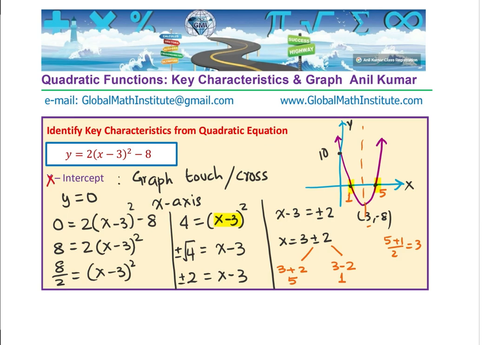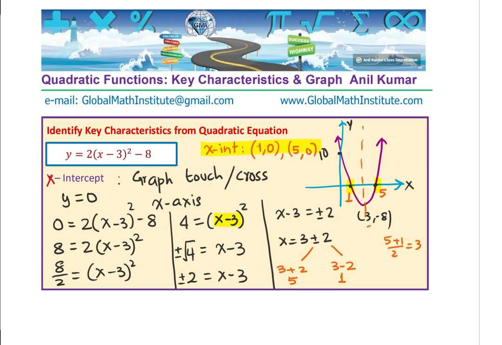So we do get the x-intercepts, and let me write them. The x-intercepts are at, so the coordinate points will be (1, 0) and (5, 0) because the y values are 0. Make sense? As shown here. So we also know what the x-intercepts are. By doing so, strictly speaking, we have already sketched the graph.